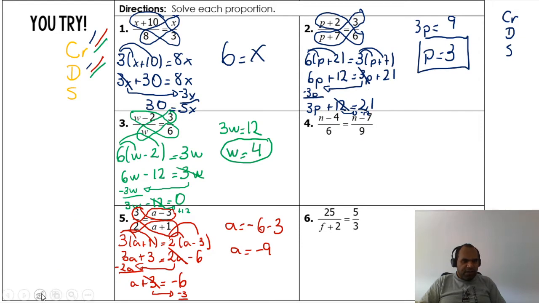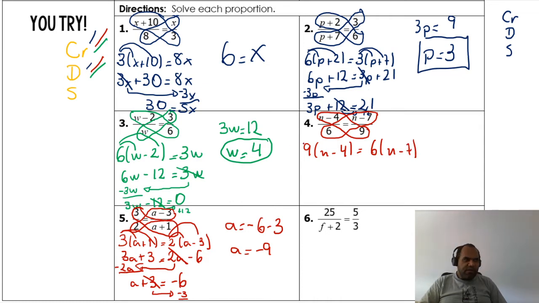I change color here again. Here it's 9 times n minus 4, and here n minus 7 times 6. Great. Let's work on this. As you can see, 9 times n minus 4 equals 6 times n minus 7.